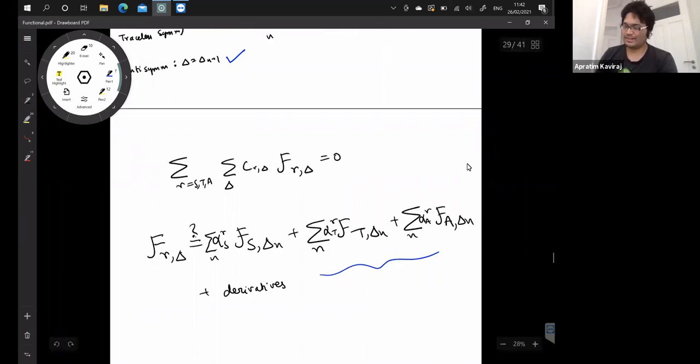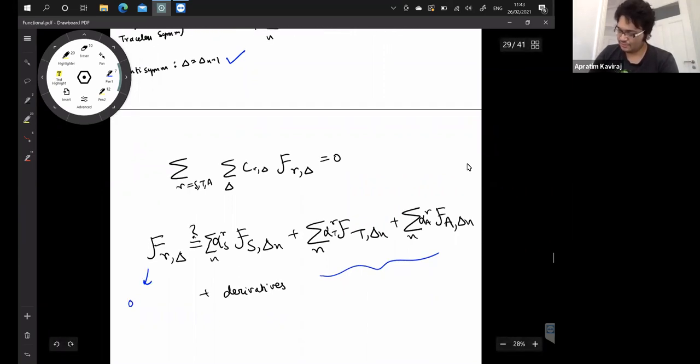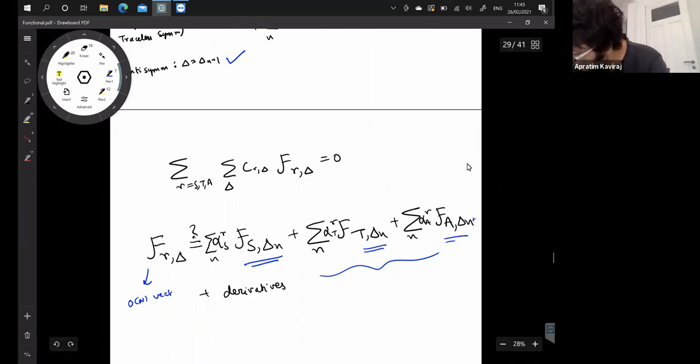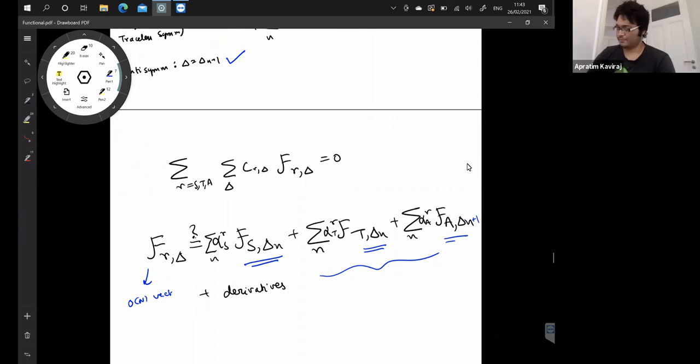Here I demand that the full ON vector allows an expansion in terms of ON vectors evaluated at these positions. So it should be +1, evaluated at this position: one vector for the singlet at delta n, one for the symmetric at delta n, and one for the antisymmetric at delta n +1, and their respective derivatives.